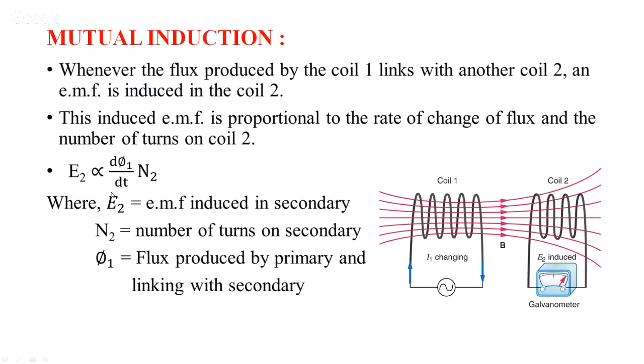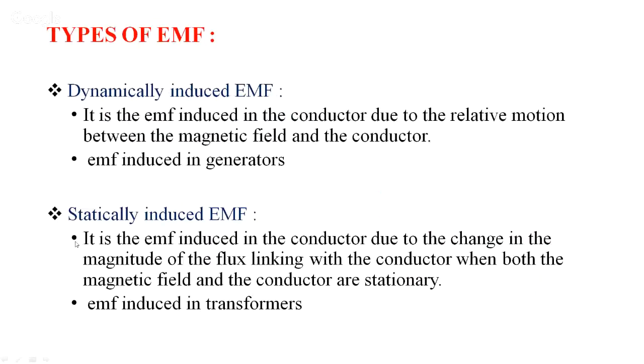Next, what is statically induced EMF? It is the EMF induced in the conductor due to the change in the magnitude of the flux linking the conductor when both the magnetic field and the conductor are stationary. So in this case, neither the magnetic system is moving nor the conductor is moving.